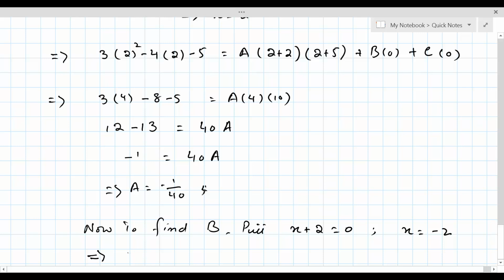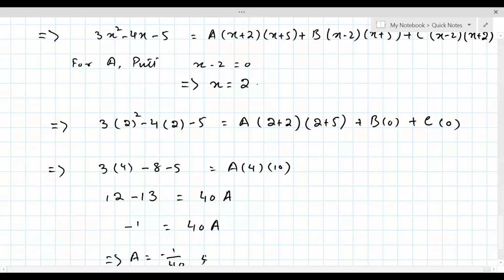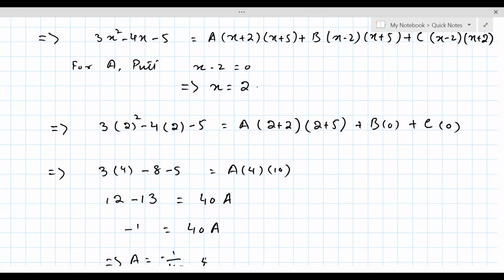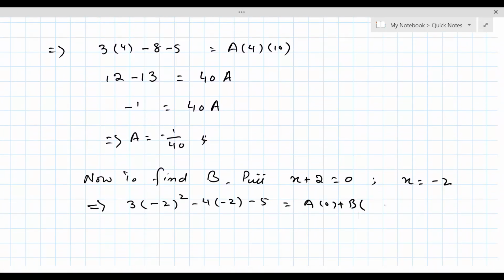So this is 3 times minus 2 square minus 4 times minus 2 minus 5 equal to a times 0 plus b into, what are the values for b, it is minus 2 minus 2. So that would be minus 2 into minus 2 plus 5 plus c times 0.